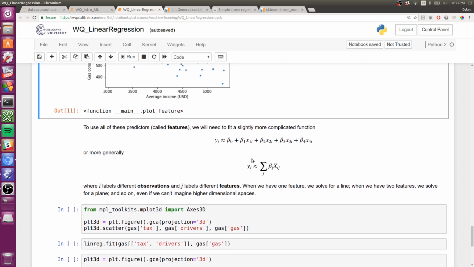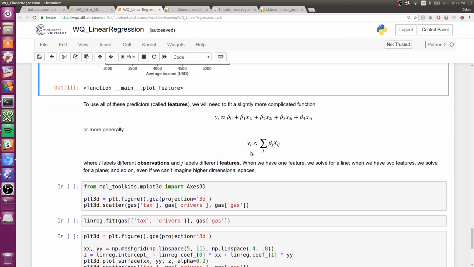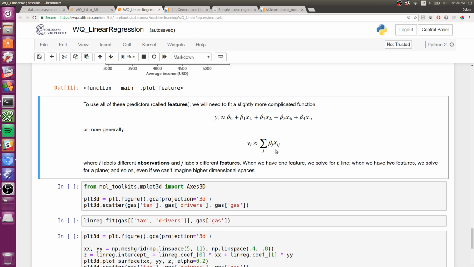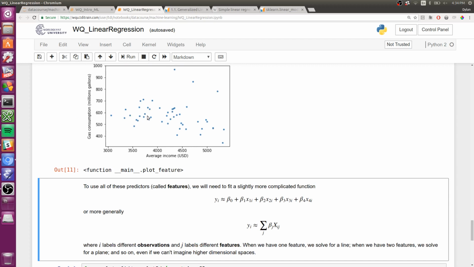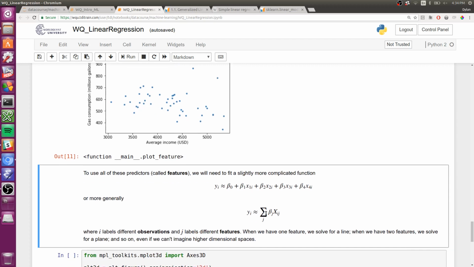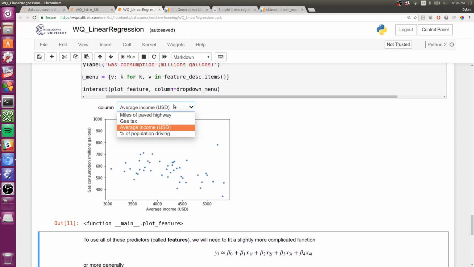And we can write this very generally as y equals the sum over some j, that's the number of features we have here, of beta j, the different slopes or model parameters, times x_ij, where x_ij is a matrix where i indexes the different observations, the different data points, these dots, and j indexes the different features, the different explanatory variables.